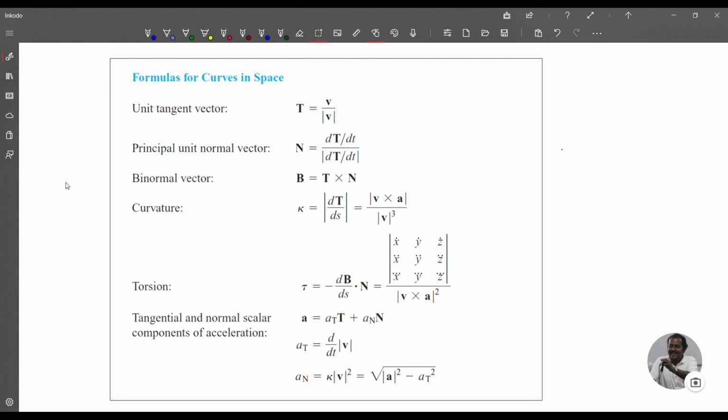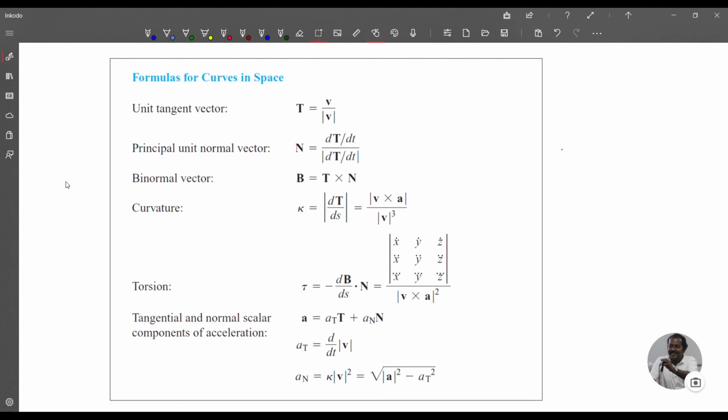Binormal vector B equal to T cross N. Curvature kappa is equal to modulus of dT by ds, that is the same as modulus of V cross A divided by modulus of V cube, and torsion tau is minus dB by ds dot N, that is equal to the determinant of x dot, y dot, z dot, x double dot, y double dot, z double dot, x triple dot, y triple dot, z triple dot divided by modulus of V cross A the whole square.